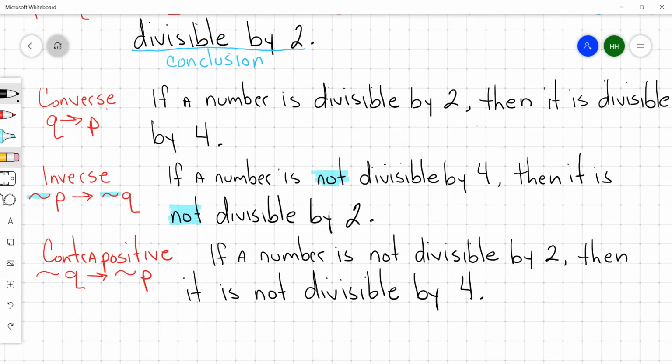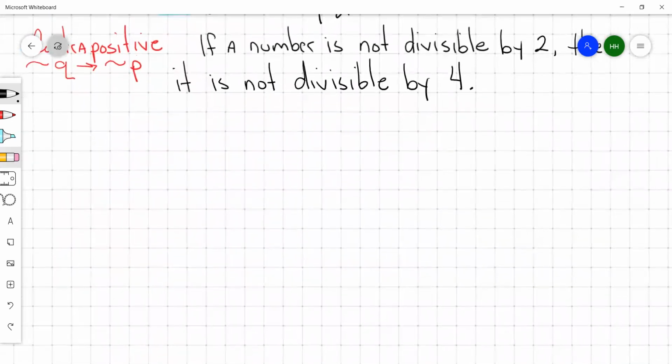Hypothesis follows the word if, conclusion follows the word then. If the word if is not in the statement, let's say you're given a statement like all whole numbers are integers. Sometimes they will ask you to identify the hypothesis and the conclusion and determine the truth value. So you would answer true or false.